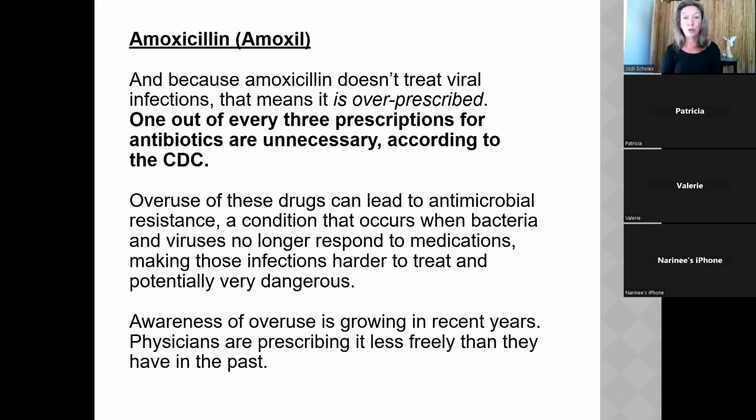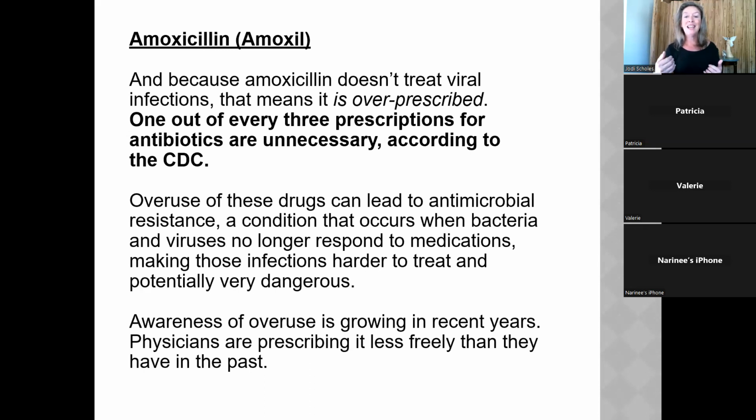1 out of every 3 prescriptions for antibiotics is probably unnecessary. Can you believe that? Because antibiotics can actually really mess with your gut health. In fact, not only does it mess with your gut health, if a person takes antibiotics too often, this can lead to antibiotic-resistant conditions.